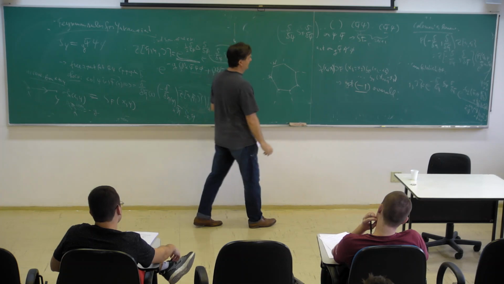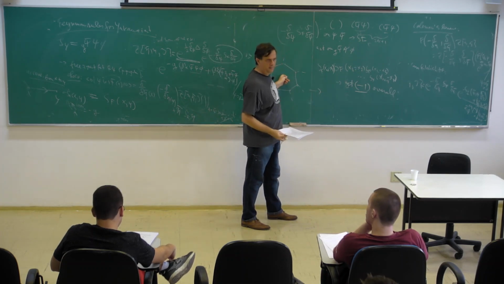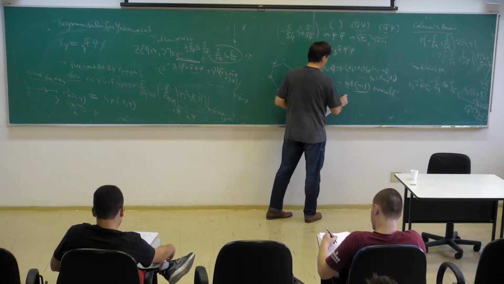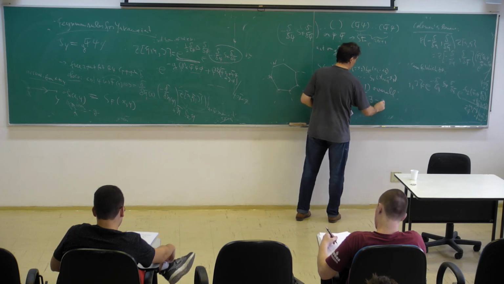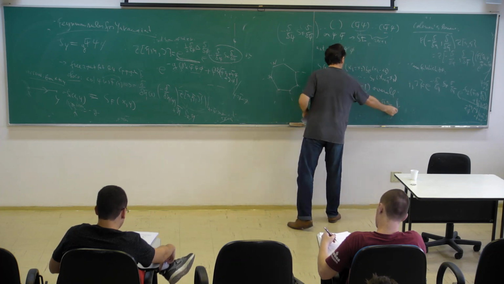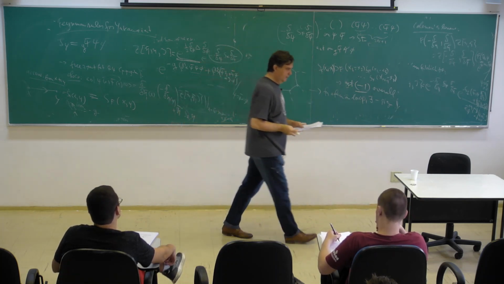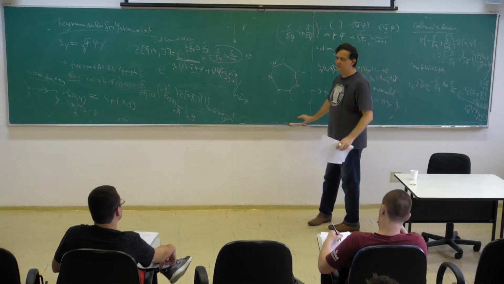So that means that for every fermion loop there's a minus sign. So that's the only new thing, right? Fermion loops come with minus signs.